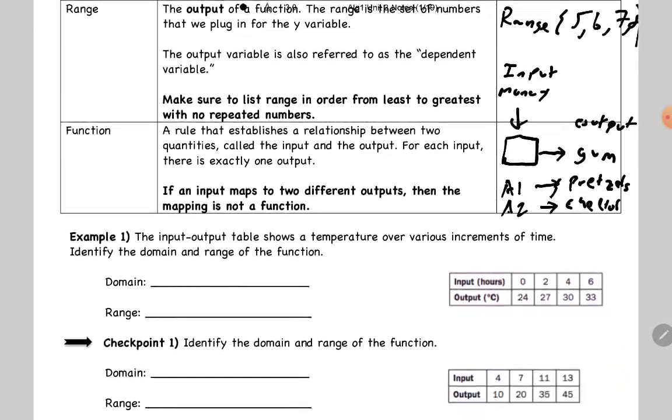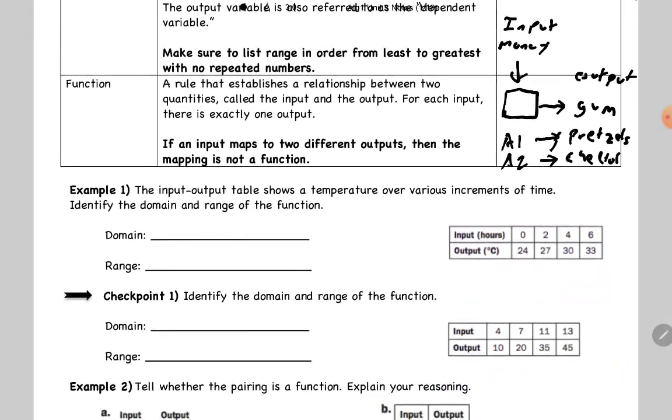Alright, so example 1. The input-output table shows a temperature over various increments of time. Identify the domain and range of the function. So our input is in hours. So that is our domain.